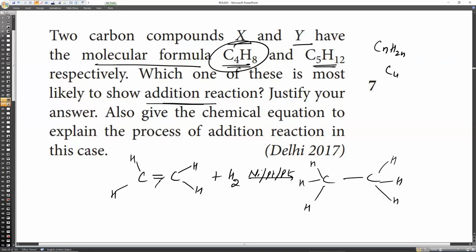You put n as 4, so double of this is 8. So C4H8 is the general formula for the alkene. So Y will show the addition reaction, and justify your answer, and also give the chemical equation to explain the process of addition reaction in this case. You can explain it by using this equation.